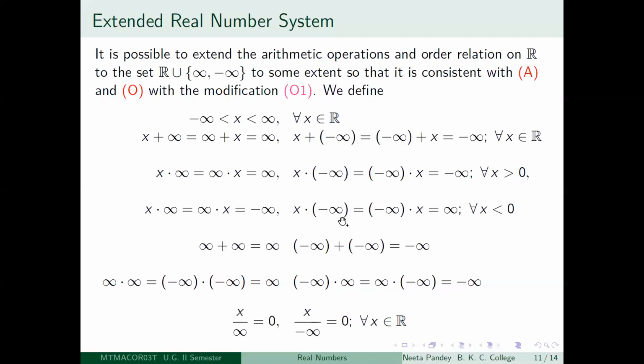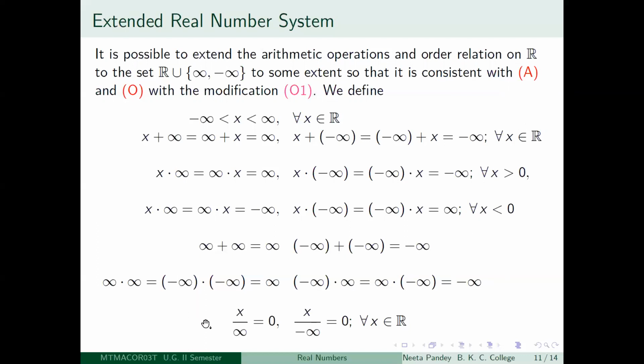Negative number times minus infinity will be infinity. And what will happen to infinity times infinity? It should follow this rule also. So it will be infinity. Makes sense. And similarly, minus infinity multiplied with infinity will give you minus infinity. So this will satisfy all the arithmetic rules: commutativity, associativity, distributivity, etc.